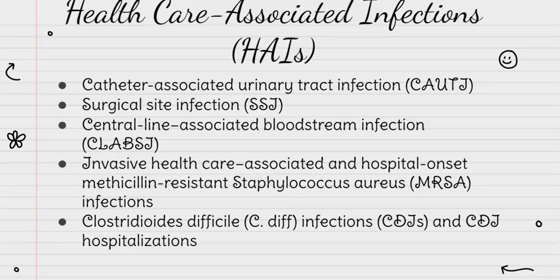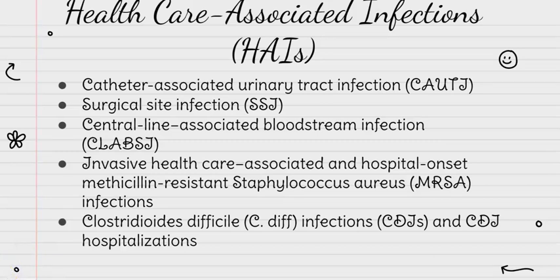Healthcare-associated infections, or HAIs, are those infections that patients acquire while receiving treatment in a healthcare setting, such as hospitals or long-term care facilities. Common HAIs include catheter-associated urinary tract infections, or CAUTI, surgical site infections, SSI, central line-associated bloodstream infections, CLABSI, invasive healthcare-associated and hospital-onset MRSA, and C. diff infections for those that are hospitalized.